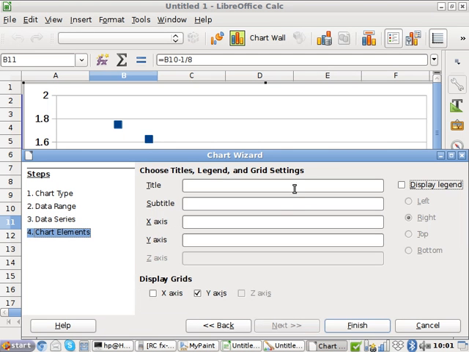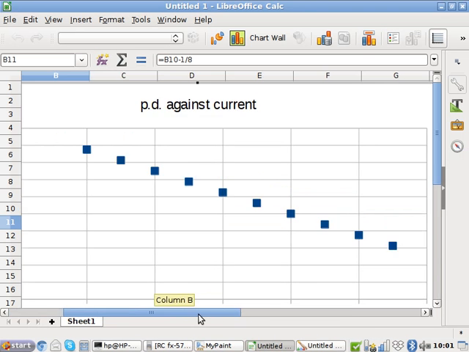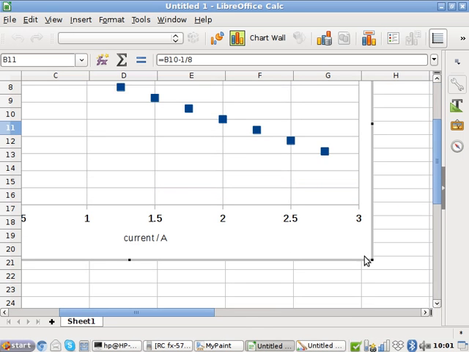This is PD against current. X-axis is current in amps, and y-axis is potential difference in volts. Okay, so you all should have gotten a nice enough graph like this.